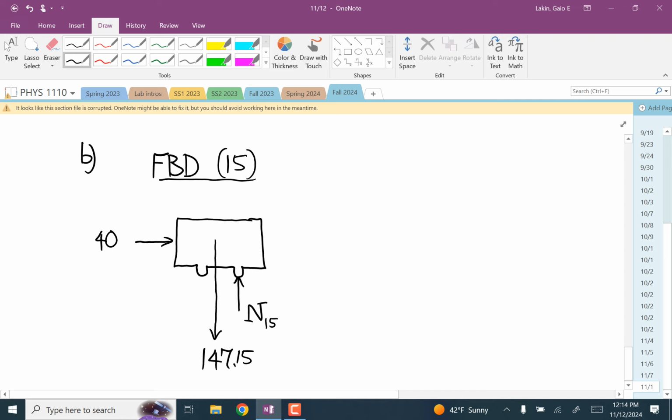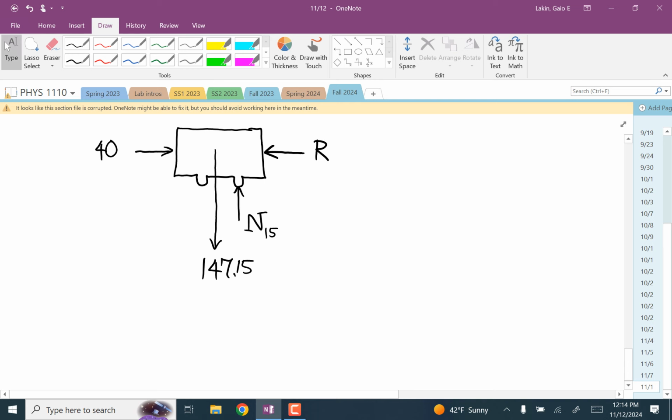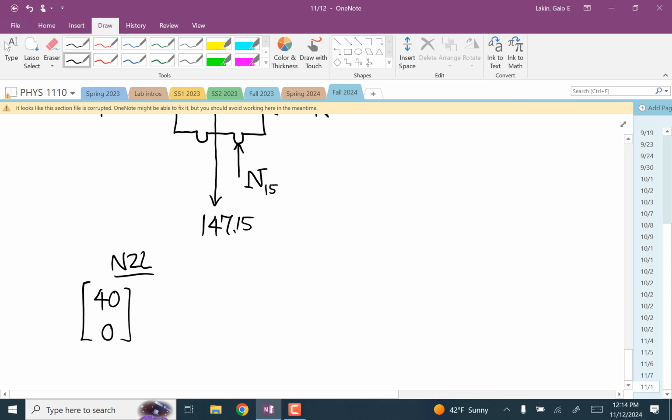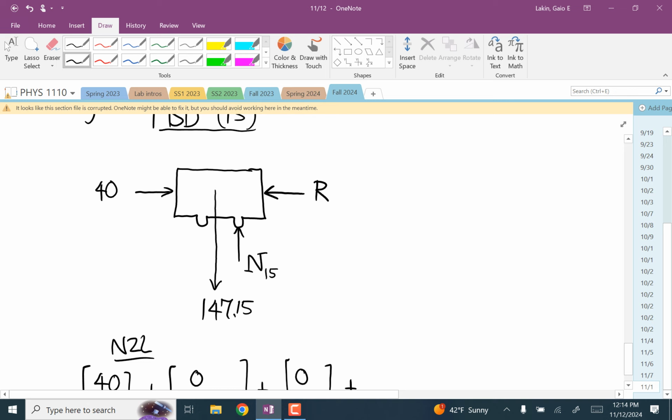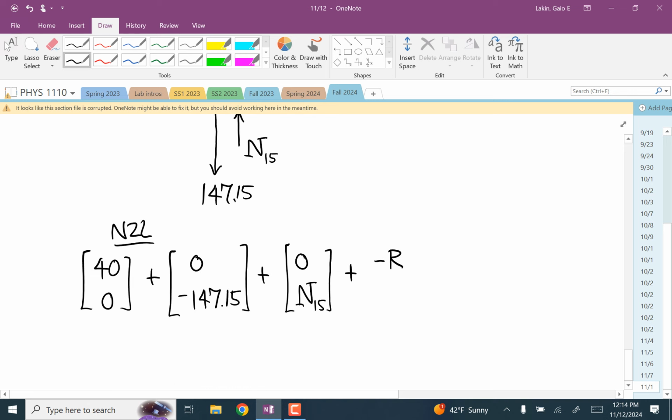And so the rule for a pushing force is toward the chosen body, perpendicular to the surface, and I'll call that R. And so now Newton's second law says 40, 0, plus 0, negative 147.15, plus 0, N15, this R is in the negative X direction, so plus negative R, 0.